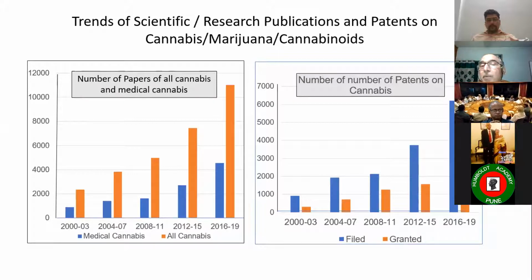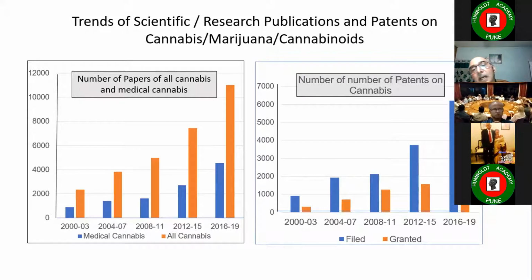So many papers, reviews, books are coming. It is amazing to see. Similarly, in the patents also, I have come. This is the patent one. We have very comprehensive data on the number of patents on cannabis or the granted ones. It is the same trend.